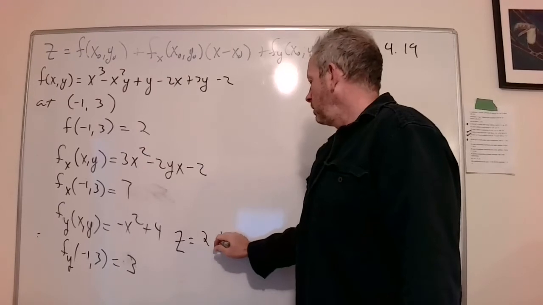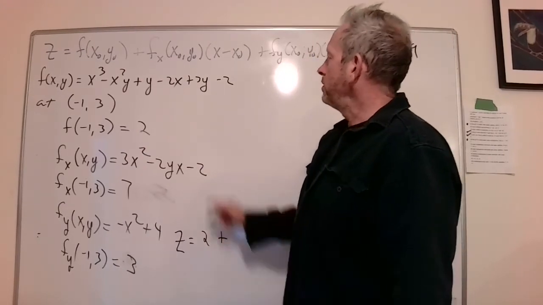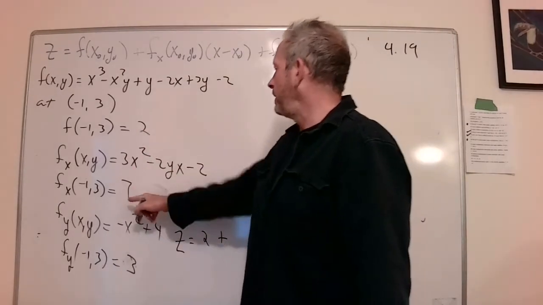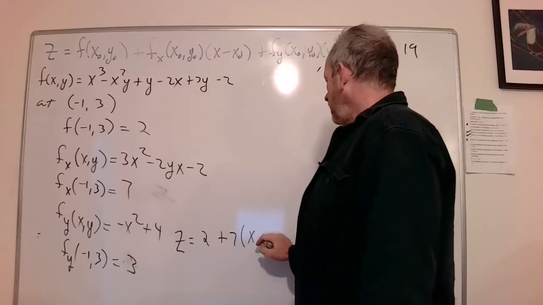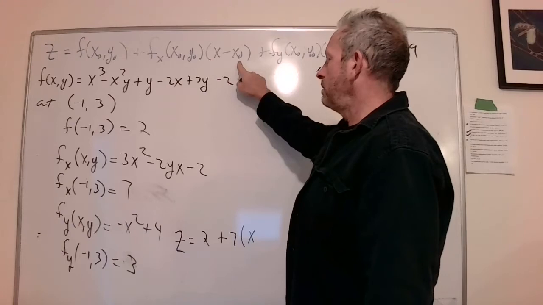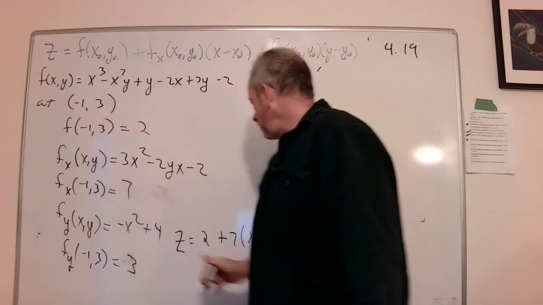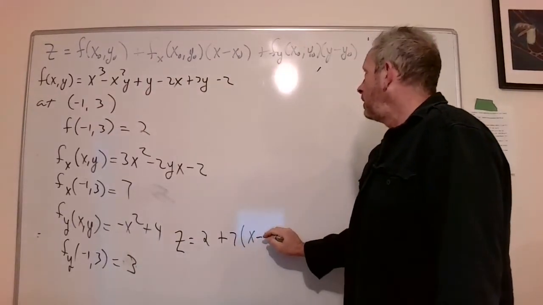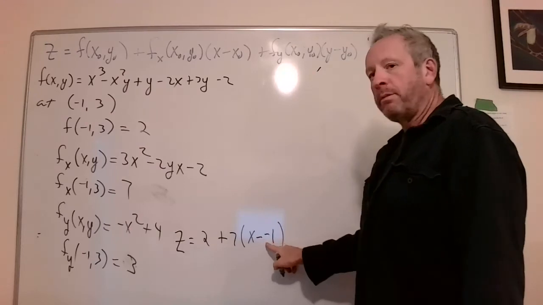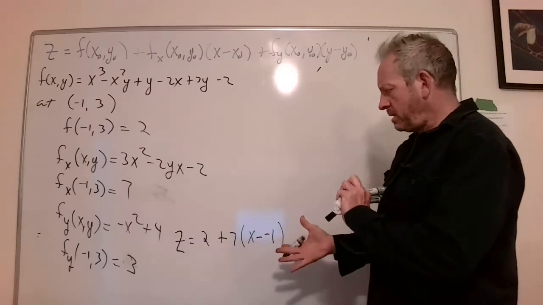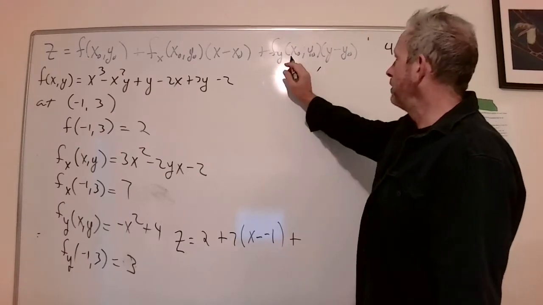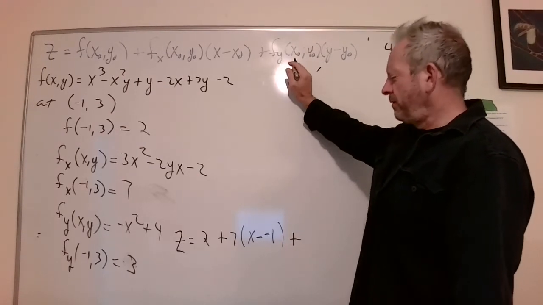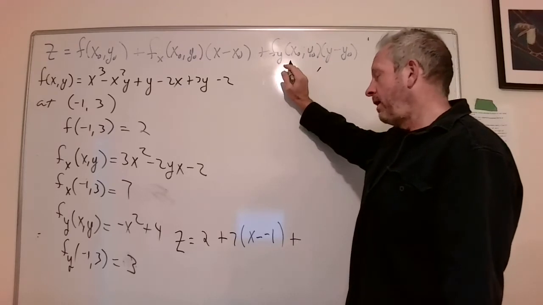So 2 plus the partial derivative of f with respect to x evaluated at that point, 7, times x minus x naught. X naught is negative 1, so that'll wind up being plus 1, but I'm writing it like that so we can see where we substitute things in. And then plus the partial derivative of the function with respect to y evaluated at that point.